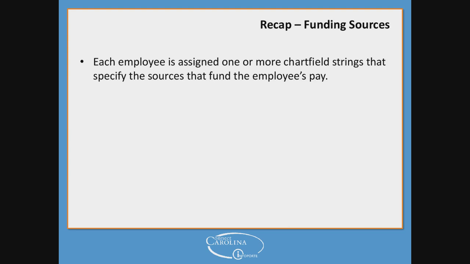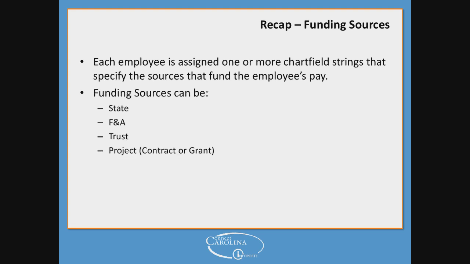Okay, so we're just going to take a second and recap what Anita just covered with funding sources. The first thing is that when an employee is hired, or when a change needs to be made, they're assigned one or more chart field strings that specify the sources that are going to fund their pay.